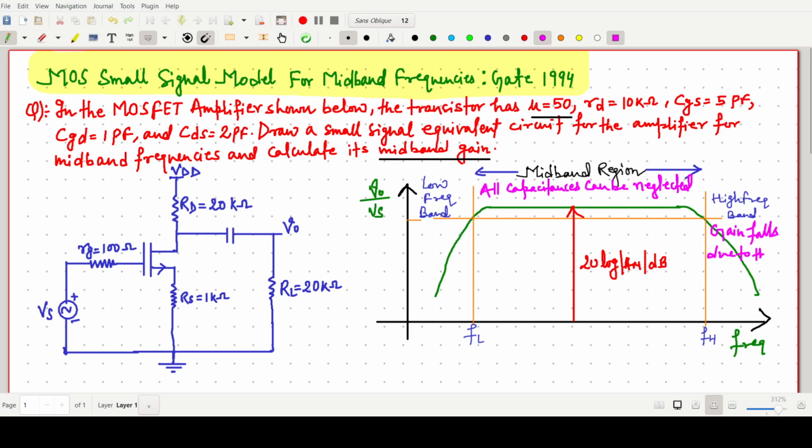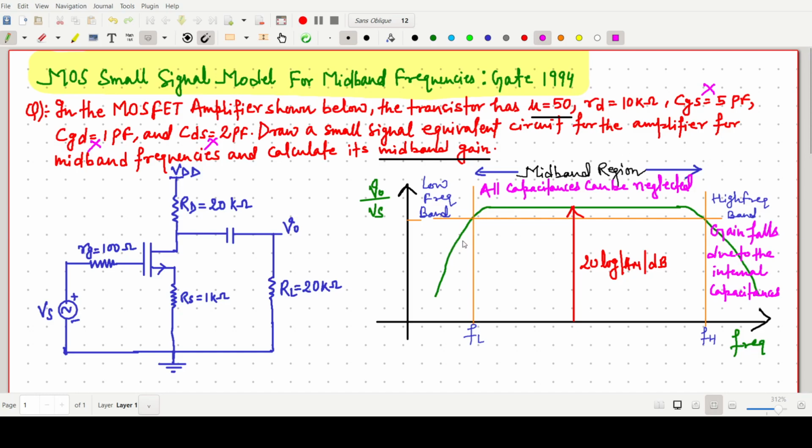Since in our question we have to think about the midband gain, there will be no role of the gate to source capacitance, gate to drain capacitance, and CDS. So there is no role.